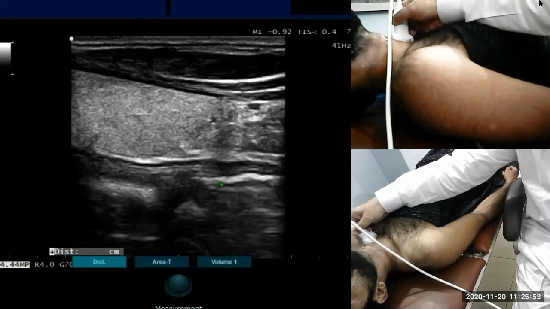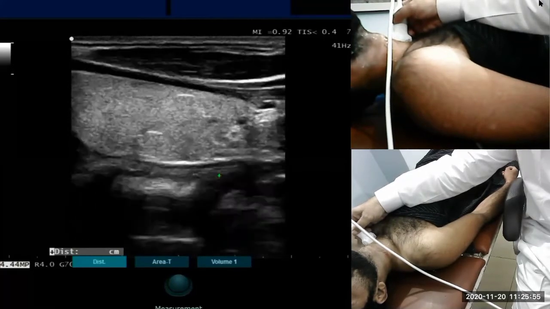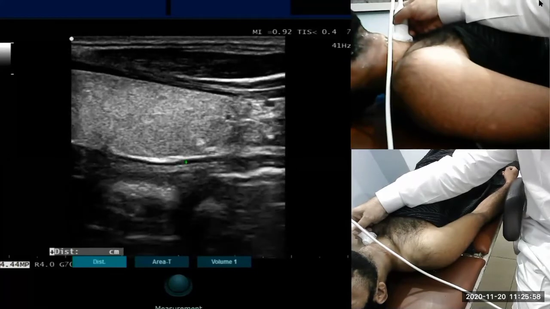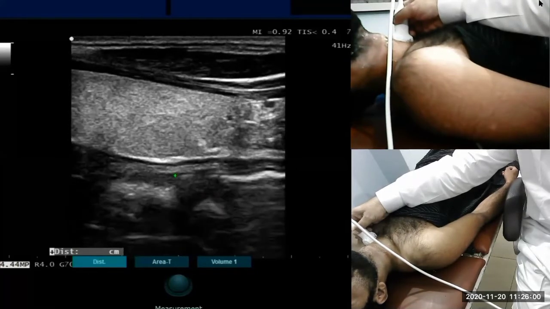This is the lumen. This is the proper muscle layer, the submucosa, the mucosa, the serosa.